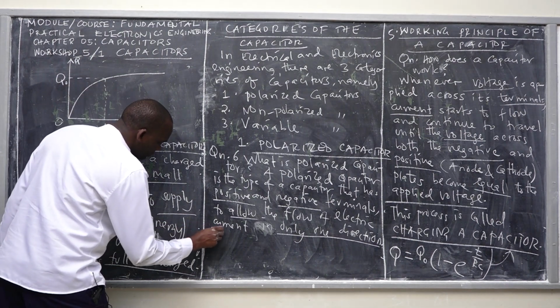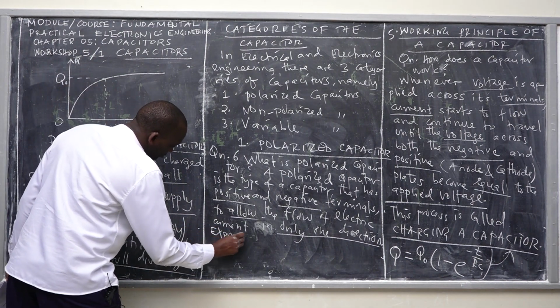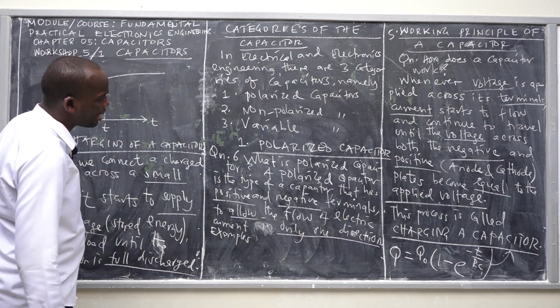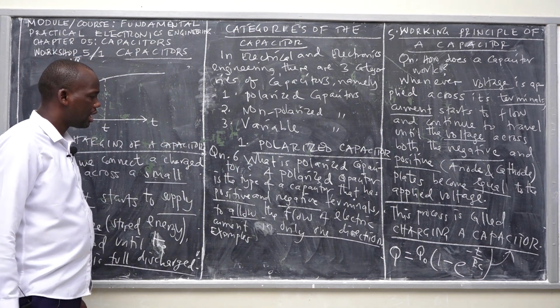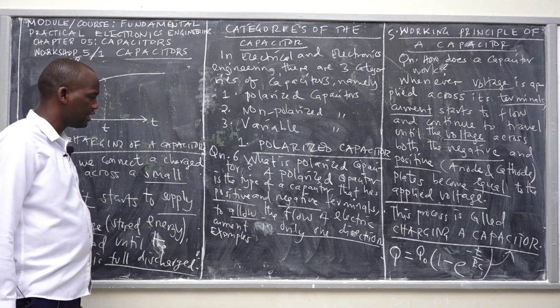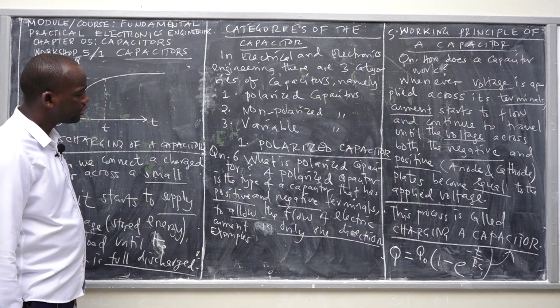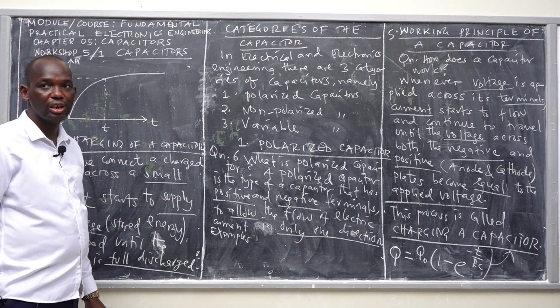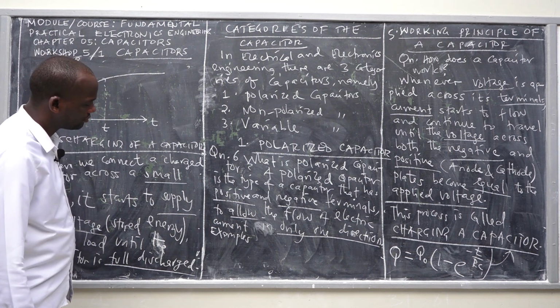Examples. A polarized capacitor has a positive terminal and a negative terminal, so the current will be flowing from the positive terminal towards the negative terminal of the capacitor.